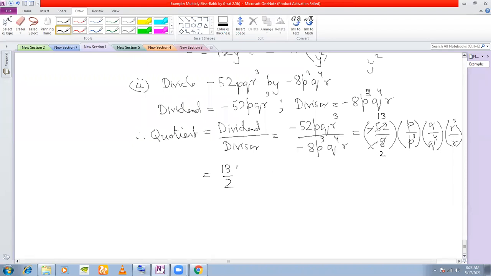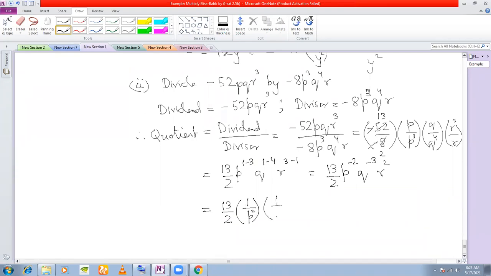And here you have p to the power of 1 minus 3, q to the power of 1 minus 4, and you have r to the power of 3 minus 1. So ultimately what you're getting is 13 by 2 p to the power of minus 2 q to the power of minus 3 r square. Now there are negative powers, so you take them to the denominator. 13 by 2 p to the power of minus 2 can be written as 1 by p square.